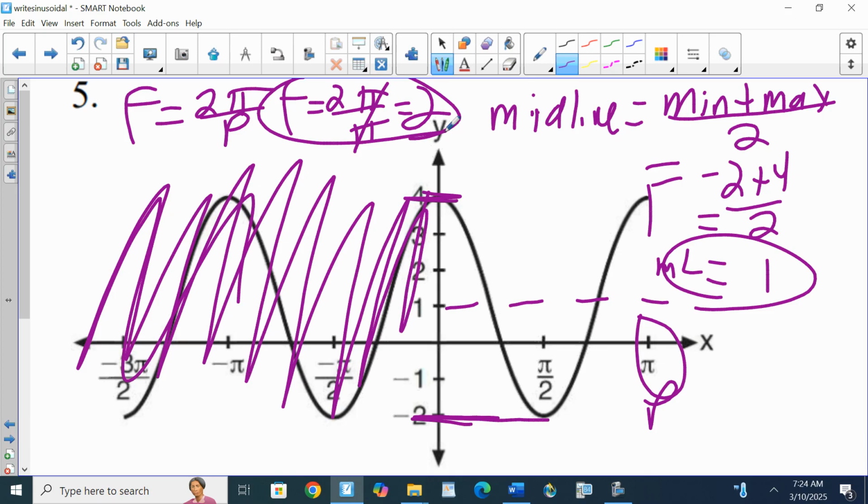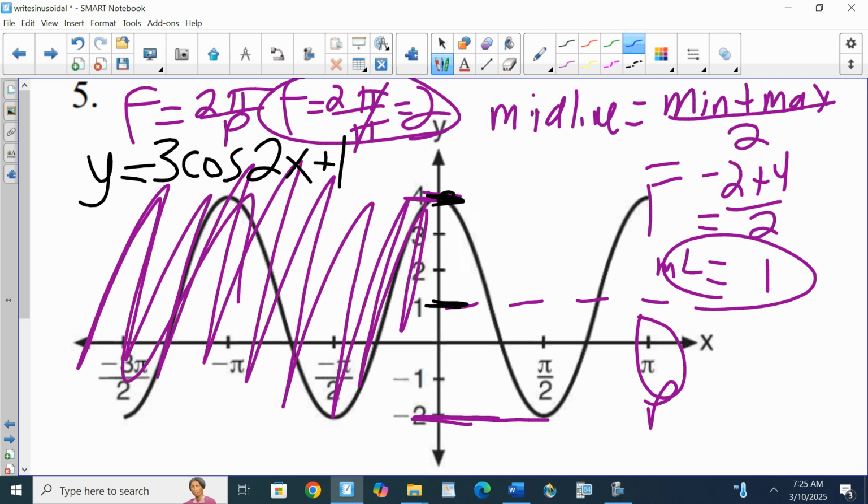So now that I have that, I can write my equation using amp sine freq x shift. Amp, my amplitude, well, it's from 1 to 4, so that's 3. Is it sine or cosine, positive or negative? Since it's starting at the positive, it's positive cosine. Freq is 2, x is x, shift is 1.